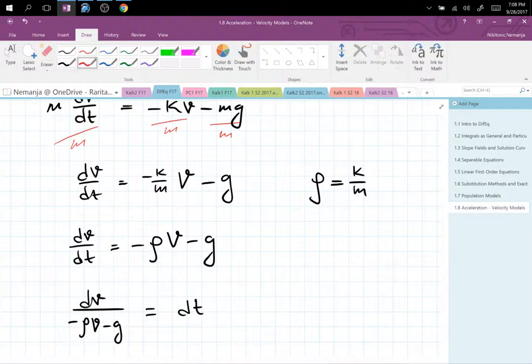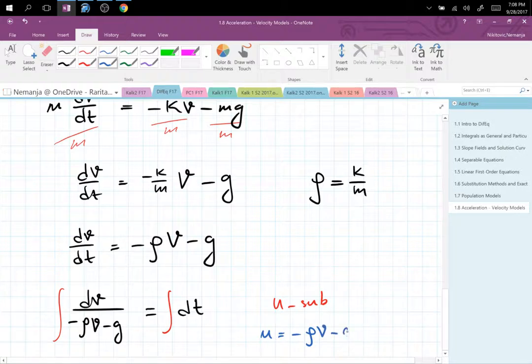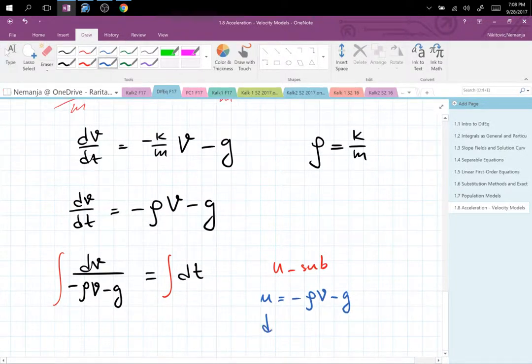We integrate both sides, and we use u-substitution to solve this problem by defining u to be negative rho v minus g. du would be just negative rho dv. There we go.